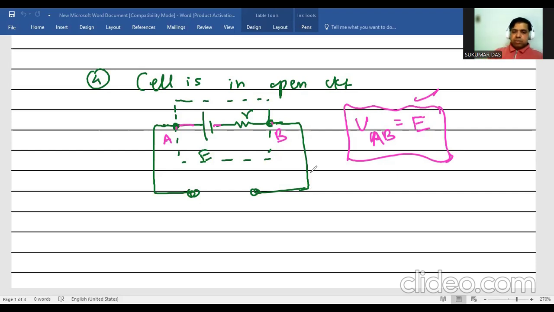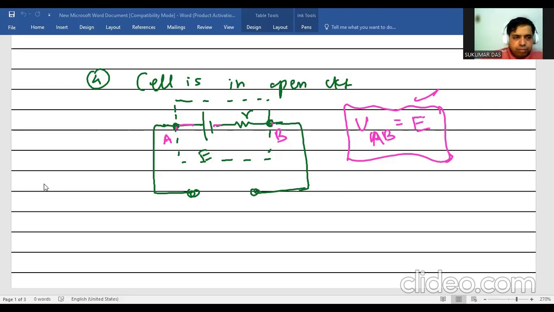Okay. So these are some scenarios in which we can keep the cell. Now cell combination. Cells can be combined in many ways, just like resistors. They can be in series, they can be in parallel. So let us look into some of the formulas related to that.